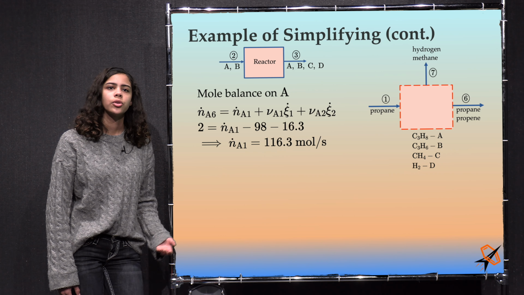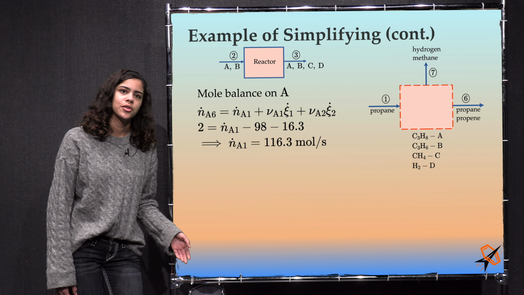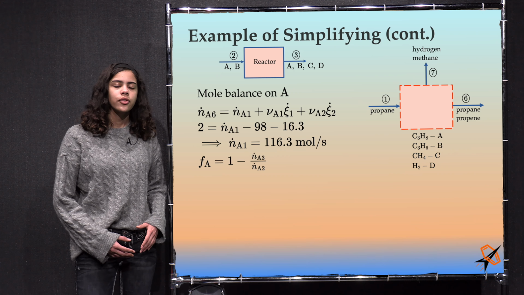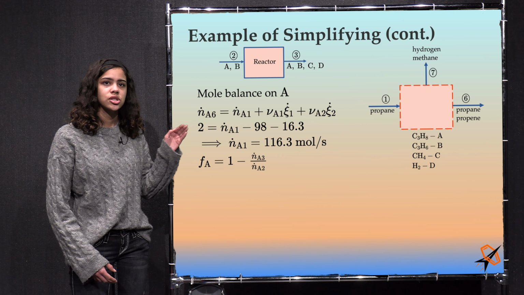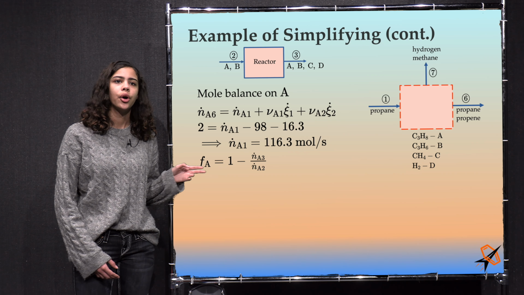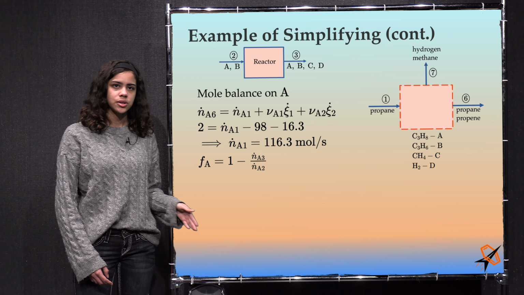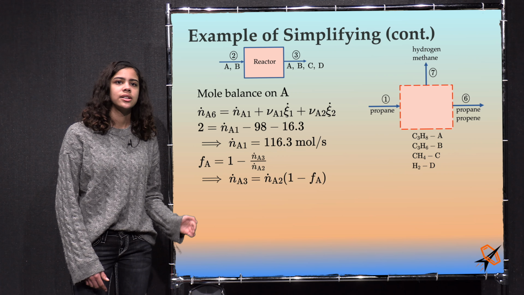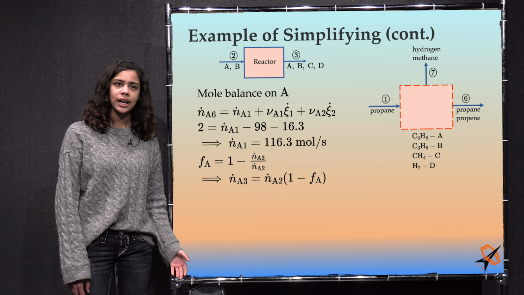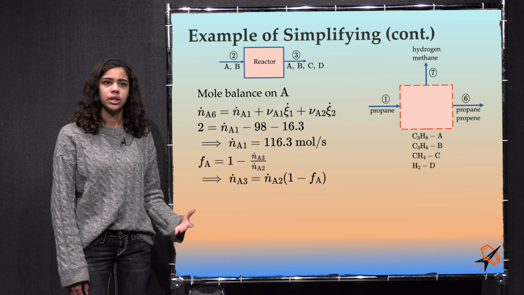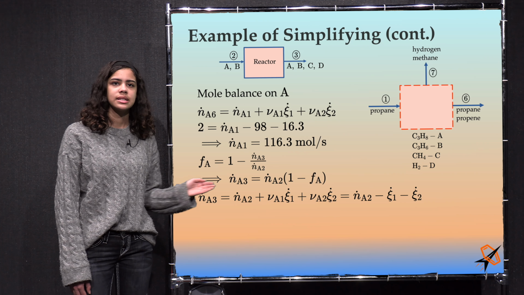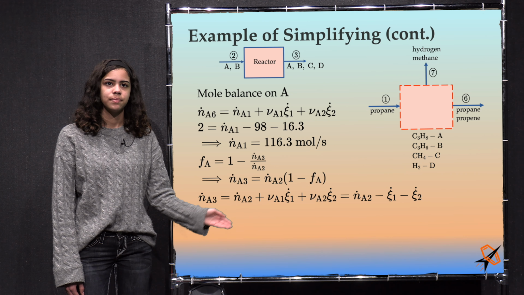Now that we've done our overall balance, which is often the easiest first step, it's time to do the calculations around the reactor. The fractional conversion of A, which was given as 35%, is equal to 1 minus N.A3 over N.A2. So, N.A3 equals N.A2 times 1 minus F. In terms of the extent of reactions for the two reactions, which we know, N.A3 is equal to N.A2 minus extent 1 minus extent 2.